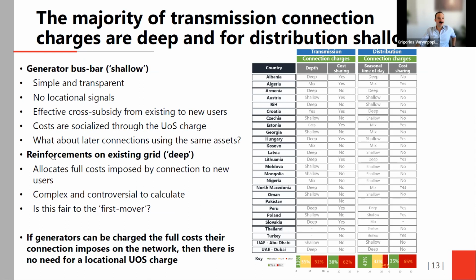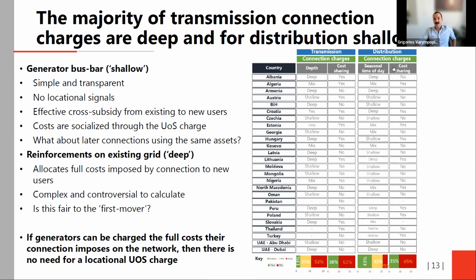A deep connection charge usually also charges for reinforcements deeper in the network. So it allocates the full cost imposed by the connection to the new user. It's more complex and controversial to calculate. And there is a question if it is fair because the first mover will pay all the costs for the connection.